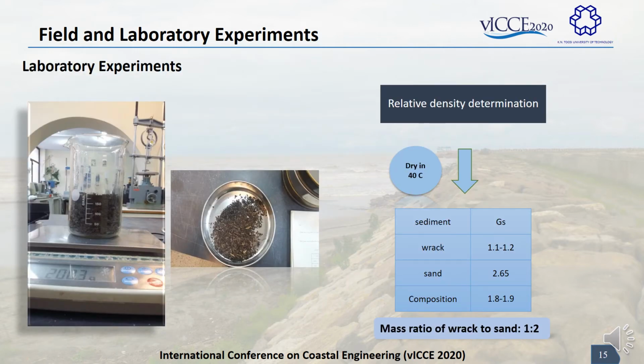Then in the laboratory we dried the samples, and then relative density of wrack, sands and composition of them with a specified mass ratio were determined. In most samples, the mass ratio of wrack to sand was 50%.